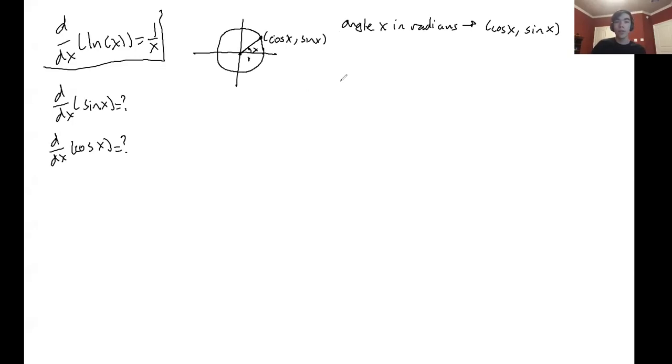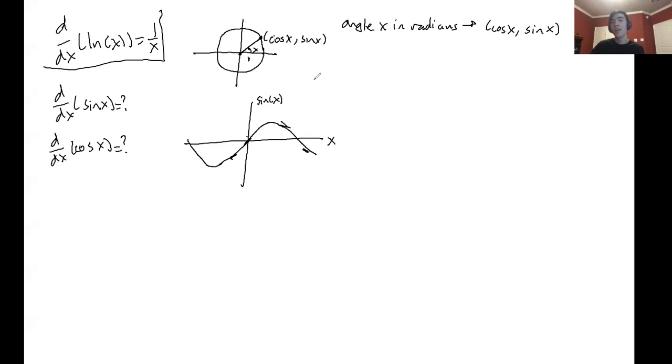So if you want to find the derivatives, how are we going to do this? Your first step from your intuition might be to try and graph what sine and cosine are. So maybe we can try that. So this is sine. But if you look at this, you realize I have absolutely no idea what these slopes are.